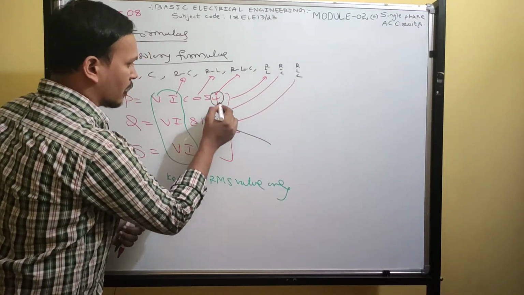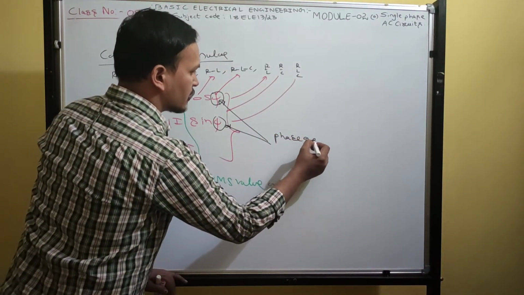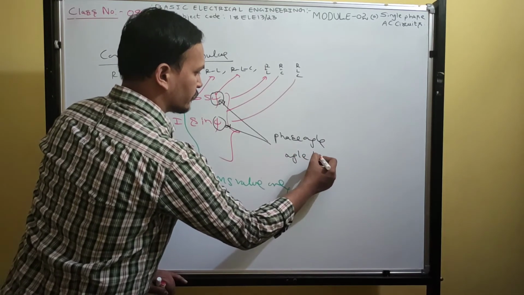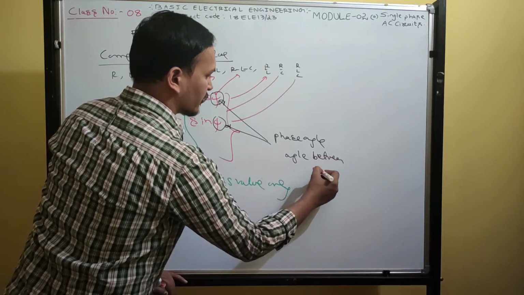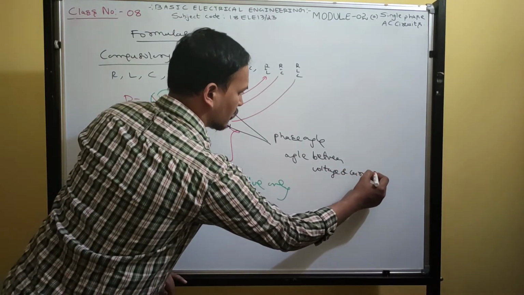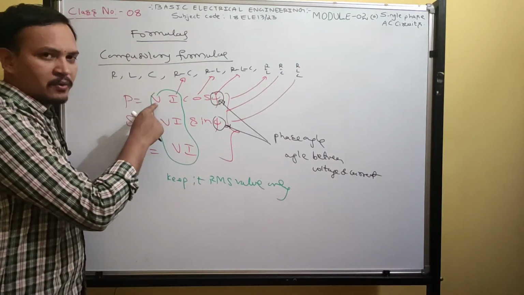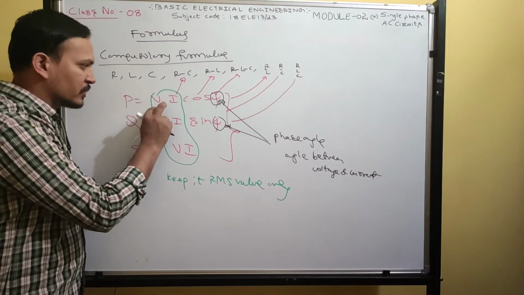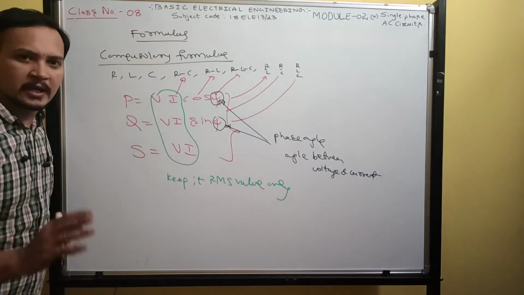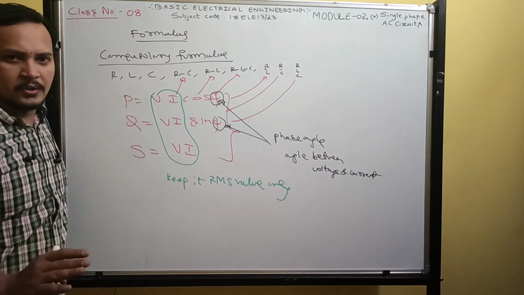This is called the phase angle, which means the angle between voltage and current. This is the voltage and this is the current. The angle between these two quantities, you should write it here. Keep the calculator in degree mode, then solve it. You will get the P, Q, S values.